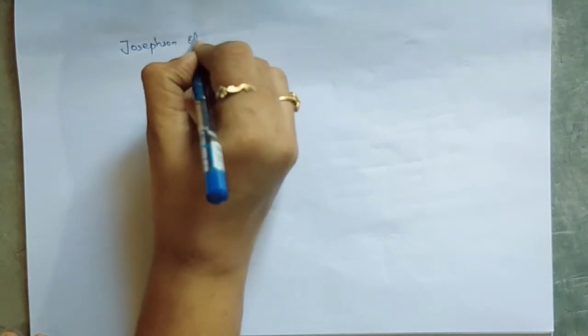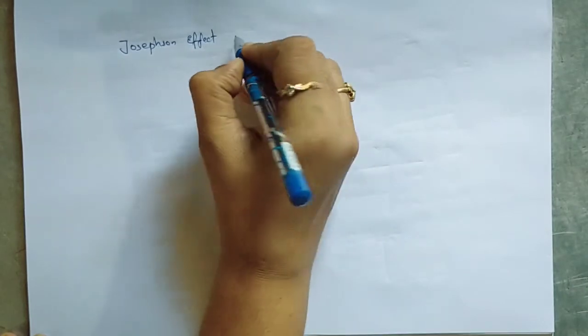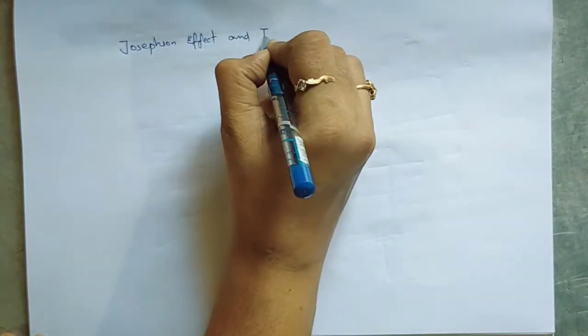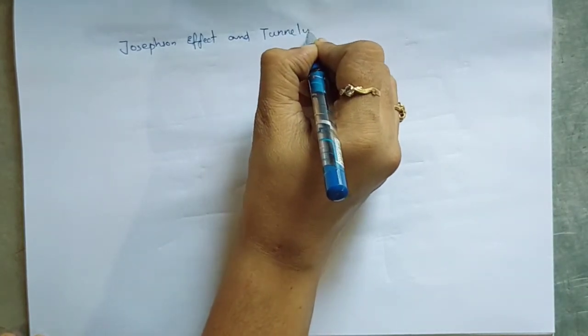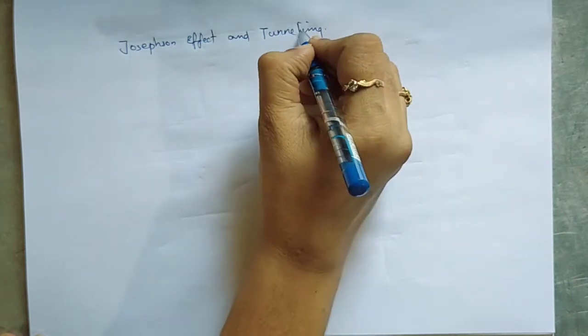Josephson effect and tunneling. Actually, there are many effects associated with the tunneling of the superconducting electron pairs from one superconductor through another superconductor.